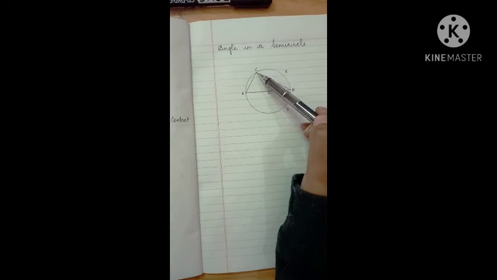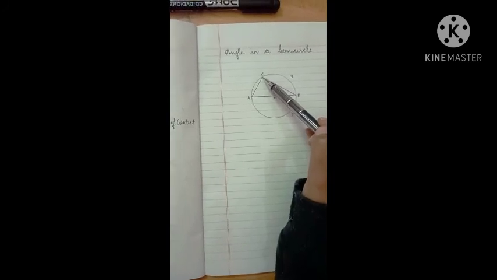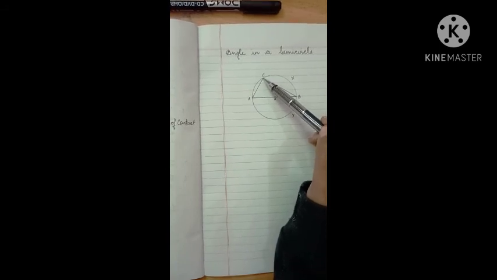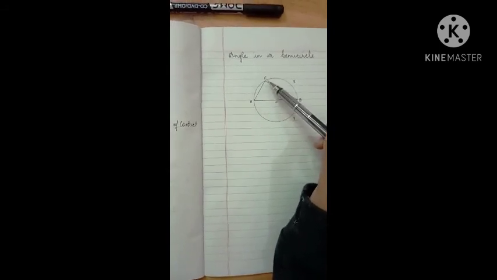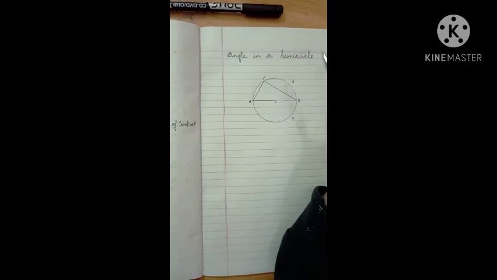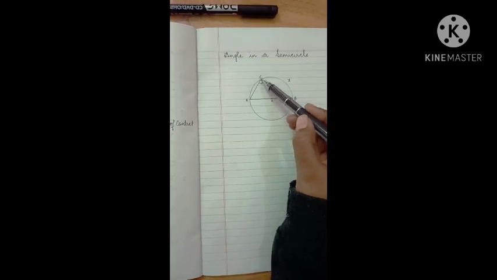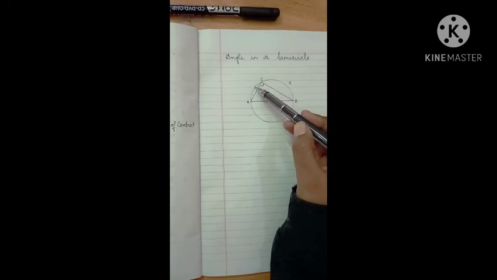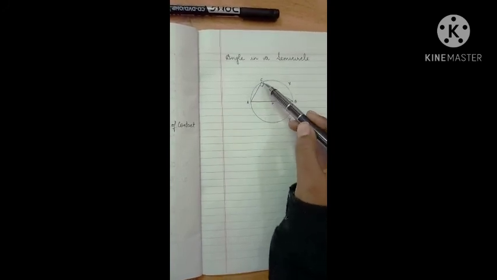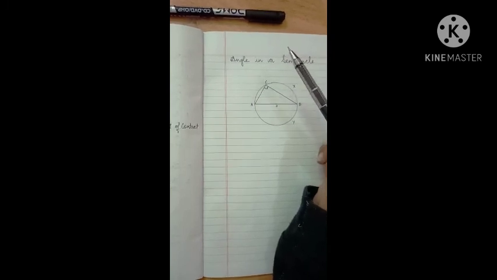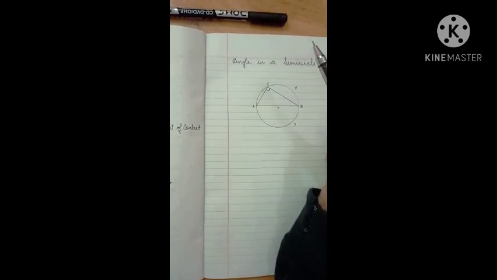Then mark any point C on the semicircle AXB and join AC and CB. The angle formed on the circumference of this semicircle is a right angle, or you can say 90 degrees.